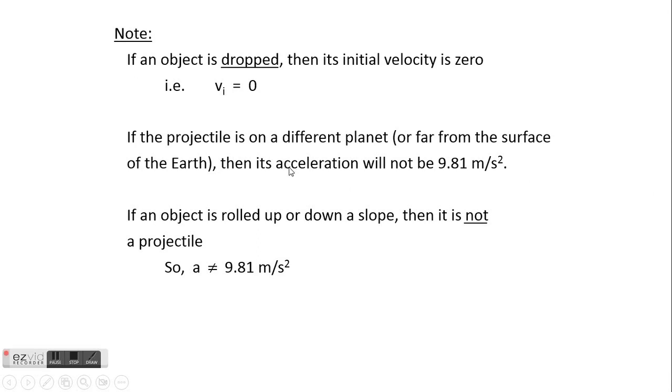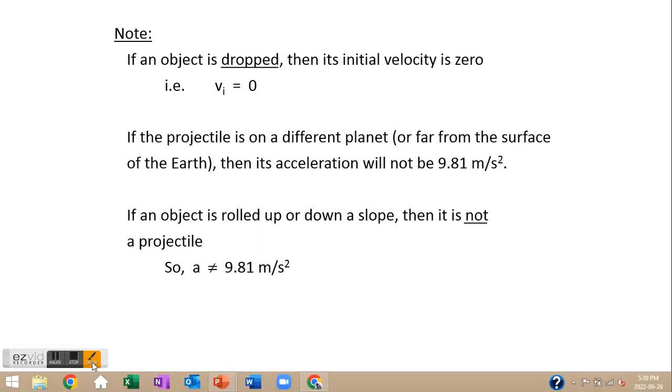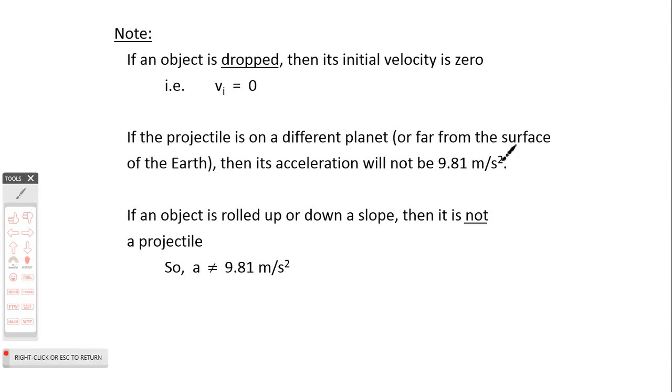All right. If we drop an object, its initial velocity is 0. If the projectile is on a different planet or far from the surface of the Earth, its acceleration will not be our 9.81 meters per second squared, which means sometimes the question is what is the acceleration, or you'll be given that extra information.